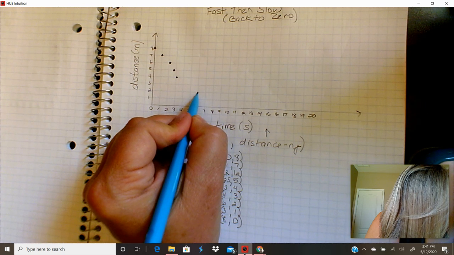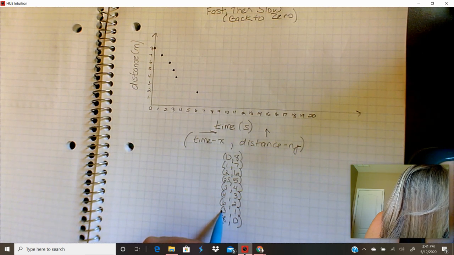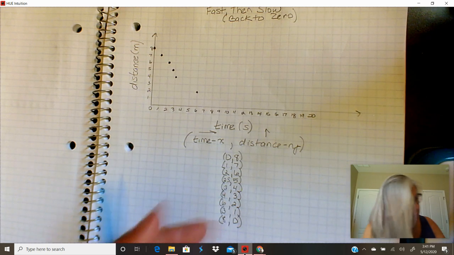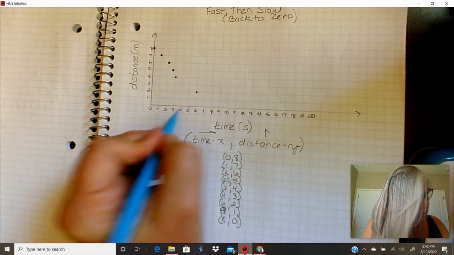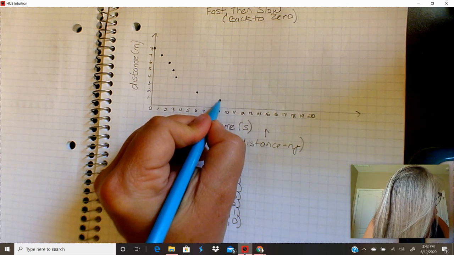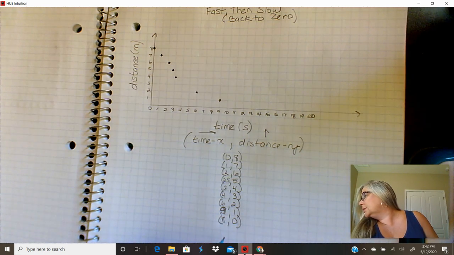Crawl over to 6 and climb up to 2. And then I'm going to crawl over. What did I do wrong here? Let's see what I did wrong with my data. Oh, I wrote a 3, but it's supposed to be a 9. I knew that was wrong. All right, crawl over to 9 and climb up to 1. And then I'm going to crawl over to 17.